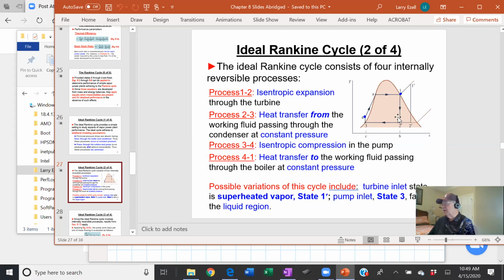Turbines don't like a lot of vapor in the stream of energy and mass going through them. Most of the time, the turbine will accept a little bit of water or vapor as it comes out. But in order to drive a real steam turbine, the boiler has to go up and give you some superheat.